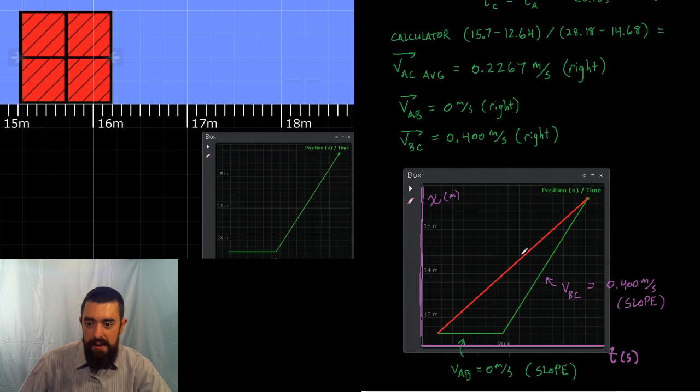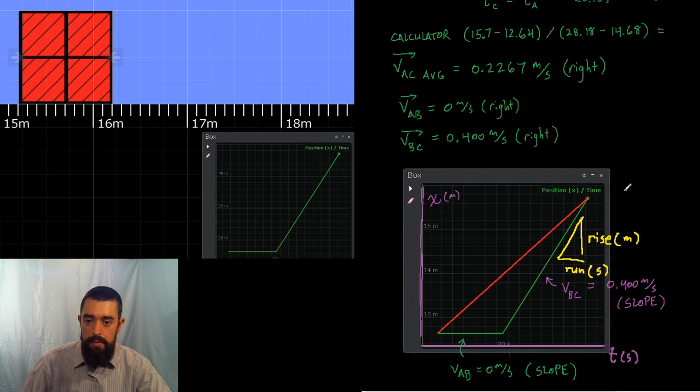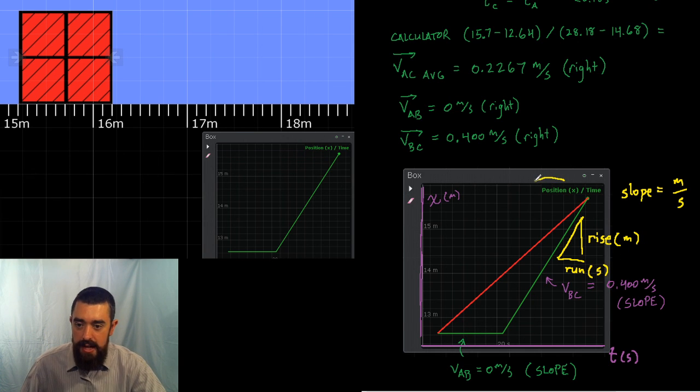So the slope of this graph, rise divided by run, would be meters, that's the rise, divided by seconds, that's the run. So the slope of this graph would equal meters divided by seconds. So the slope is the velocity. The slope of a position versus time graph is velocity.